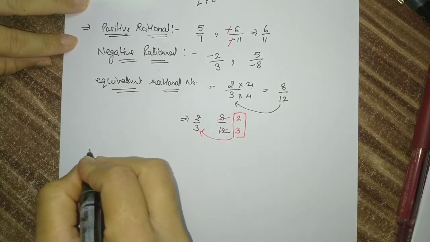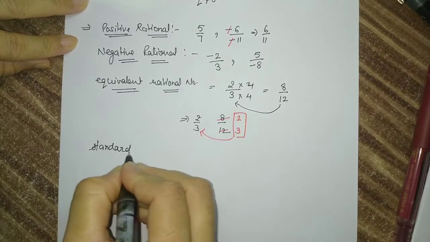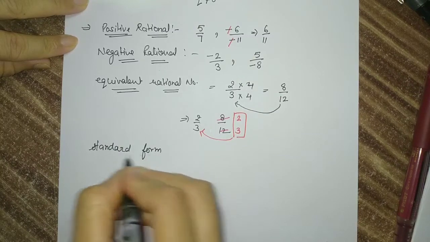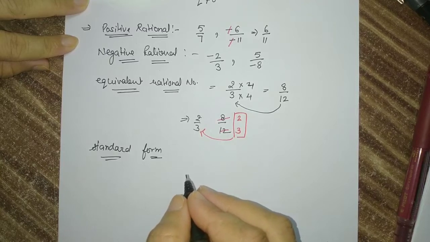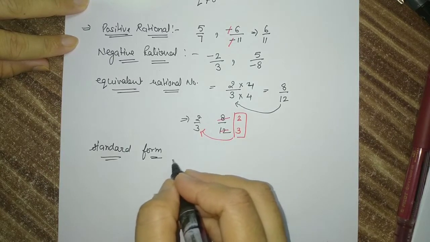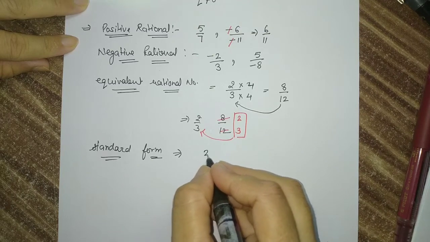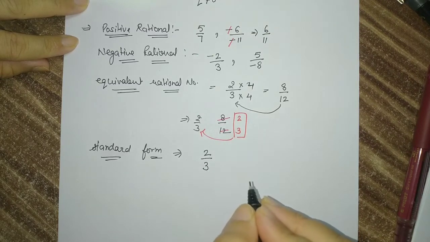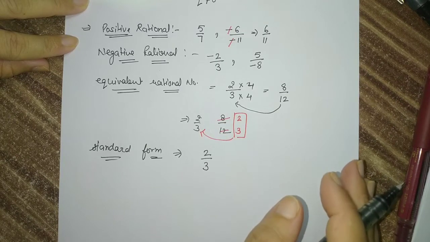Then the next term is standard form. A rational number is said to be in standard form if p and q are integers having no common divisor other than 1.